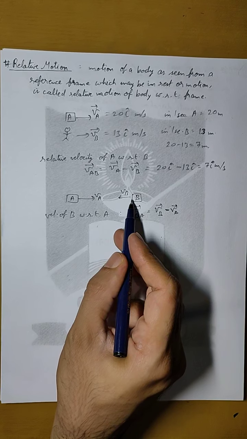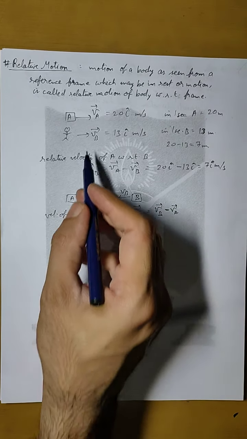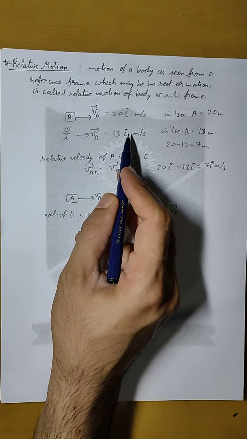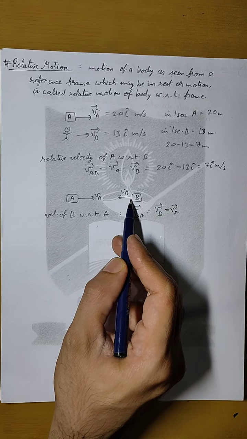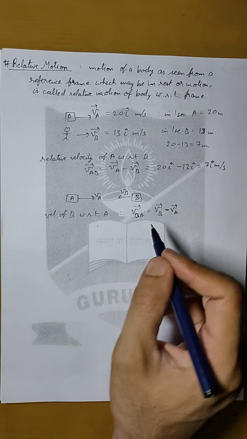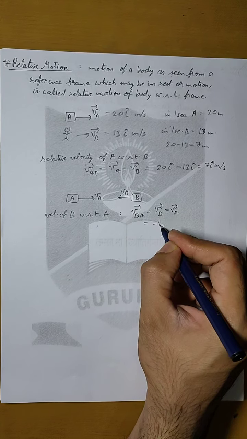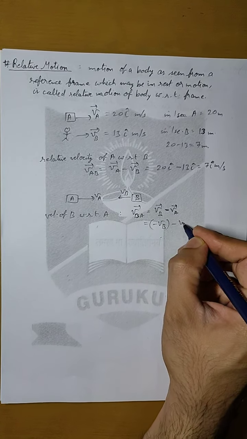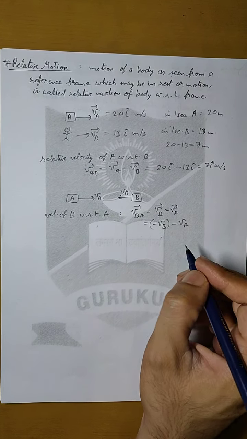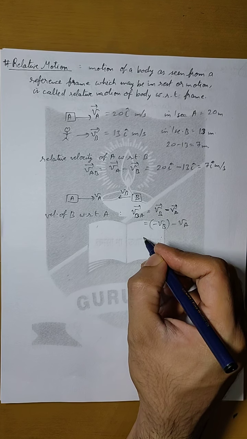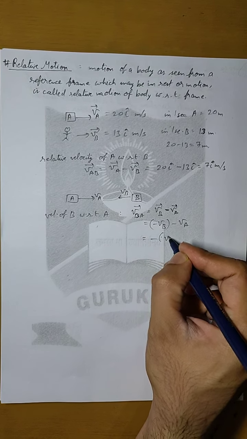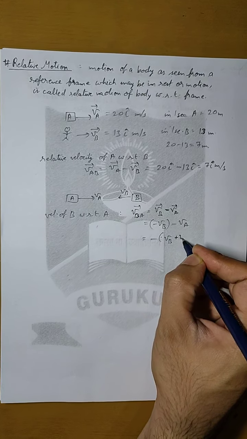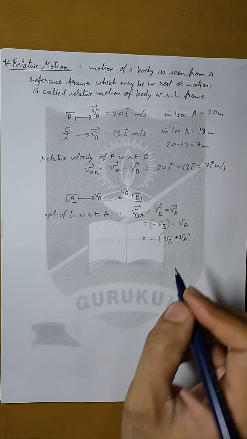But since Vb is moving in the minus x direction, which is opposite to this, here they were moving in the same direction. In this case Vb is moving in the minus direction, so if we take the magnitude, then it will be equal to minus Vb minus Va. This can be written as minus of Vb plus Va.